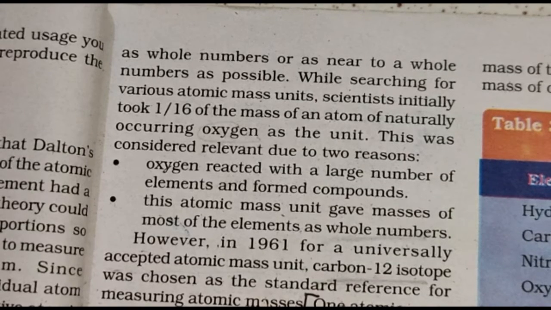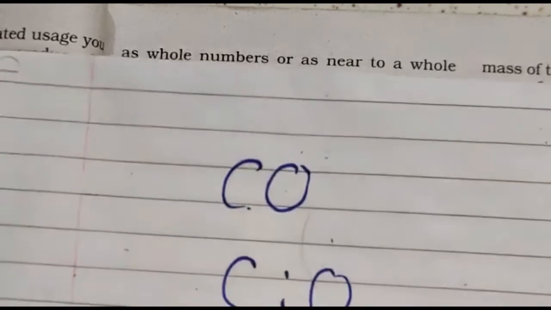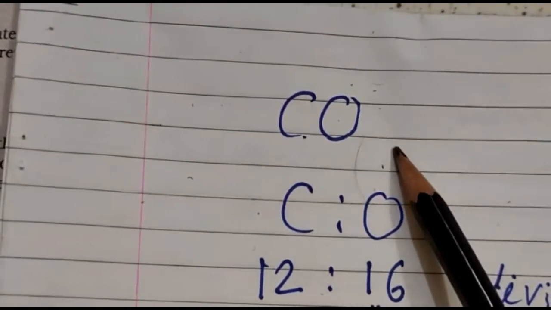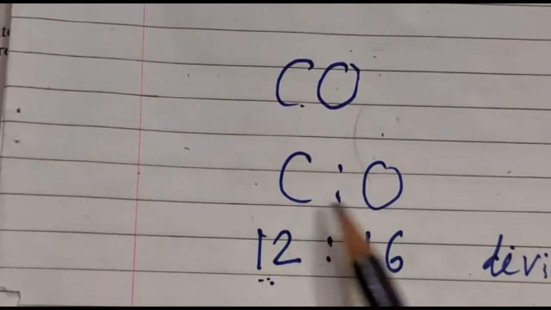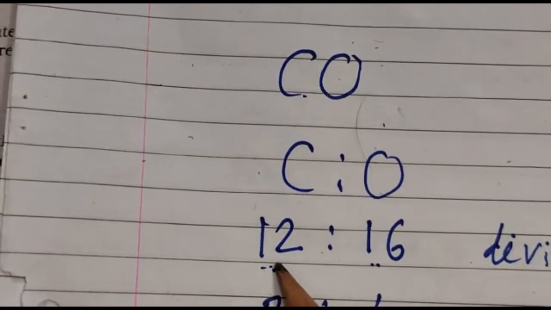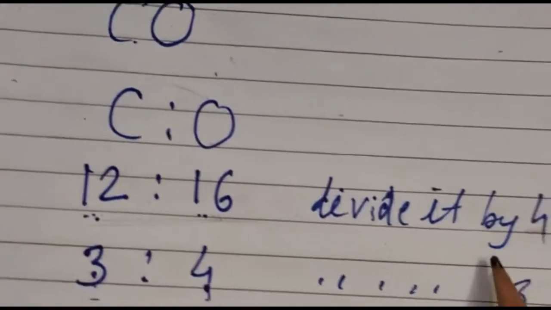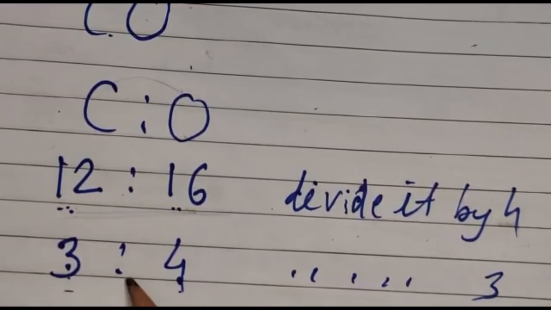So according to it, now how is carbon chosen? If we take one example, here we have taken the example of carbon monoxide. In carbon monoxide, carbon and oxygen combine in the ratio 12 to 16 by mass. Okay, if we divide it by 4, we get 3 is to 4.